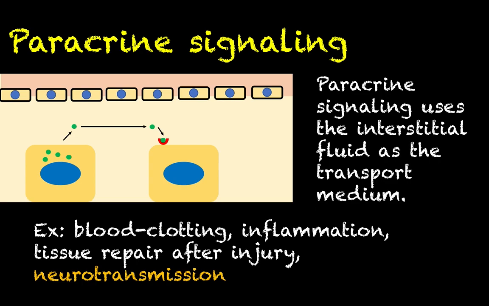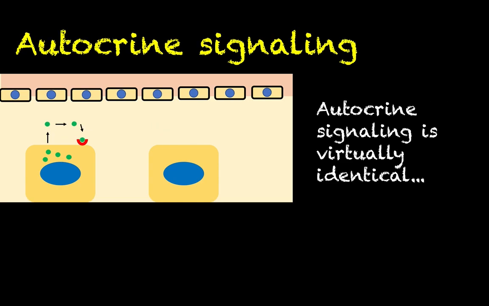It's like still waters. So what you're counting on here is the ligand reaching its destination by random diffusion, or Brownian motion as it's sometimes called. So you can't really count on the ligand traveling very far in a short amount of time if you're using the interstitial fluid as your transport medium. And for that reason, this really only works for short distance communication.